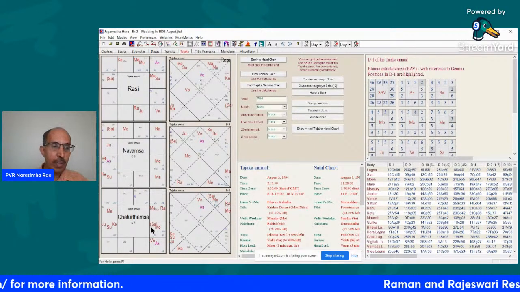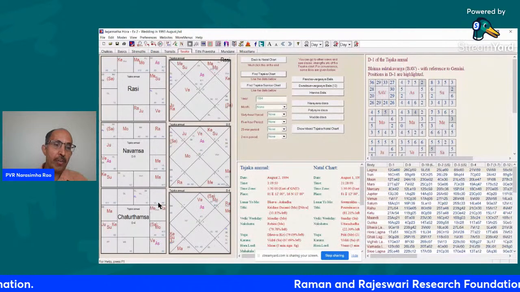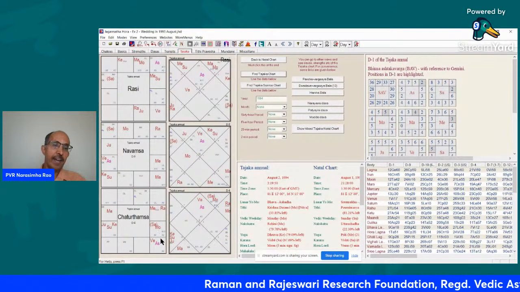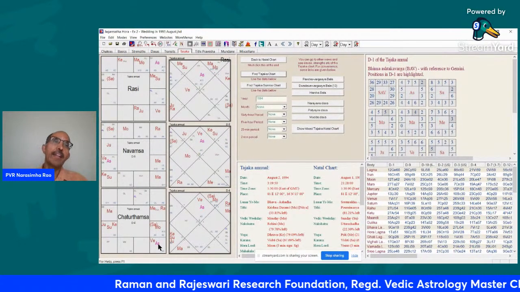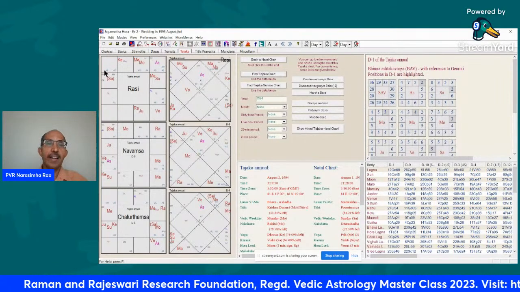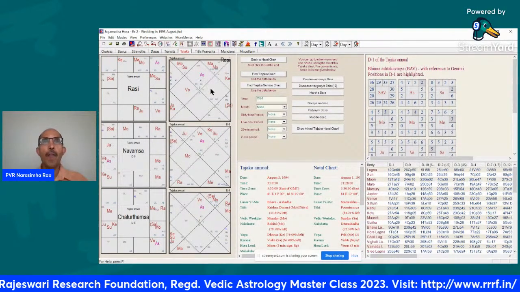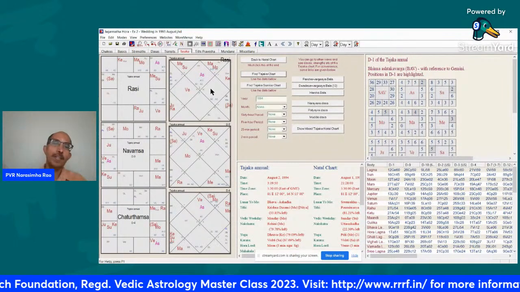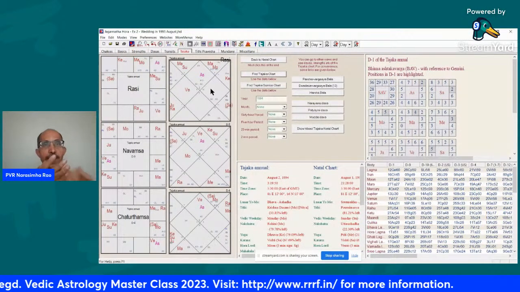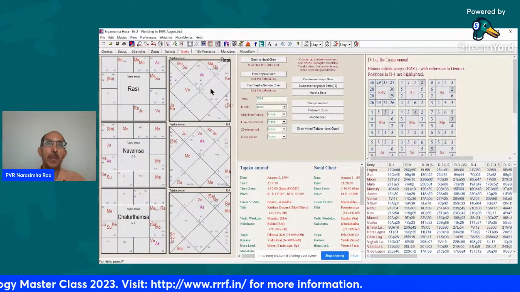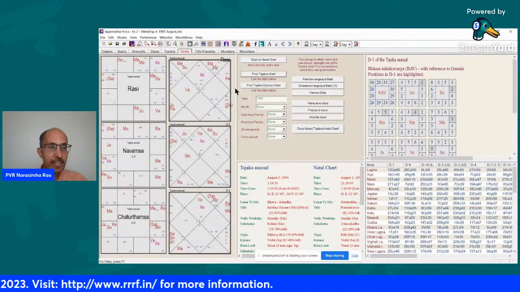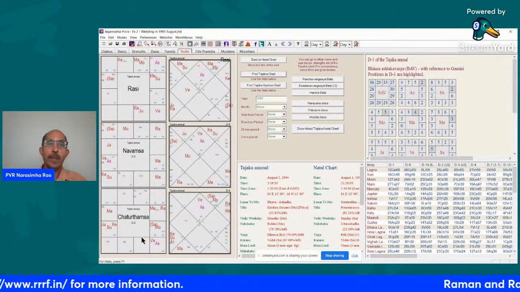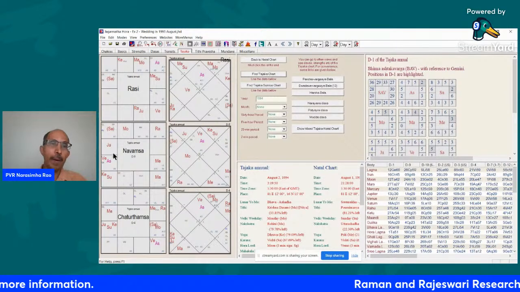So Badhaka lord, 12th lord, and Karaka are influencing Mercury, and Lagna contains the ninth lord. And we saw indications in the Rasi chart also. Of course, if you have the charts of those two people also, you can see if there are indications in their chart, then you can be more confident. But just based on this, there is a good chance that the person may move abroad during the year.